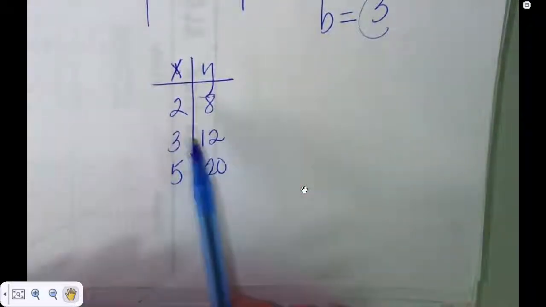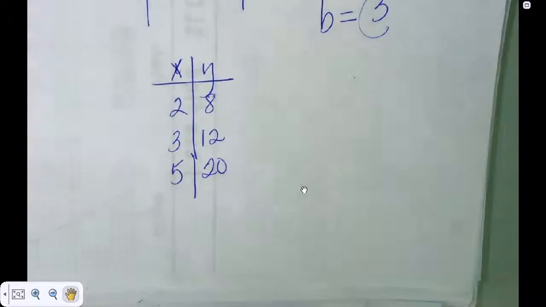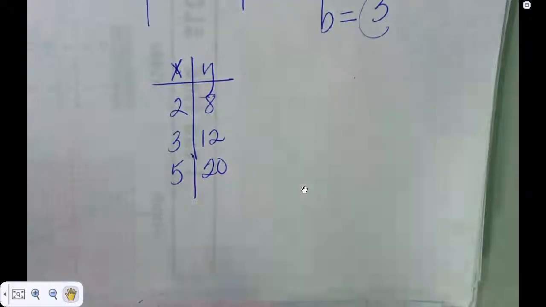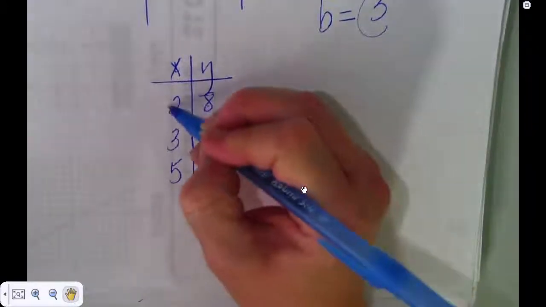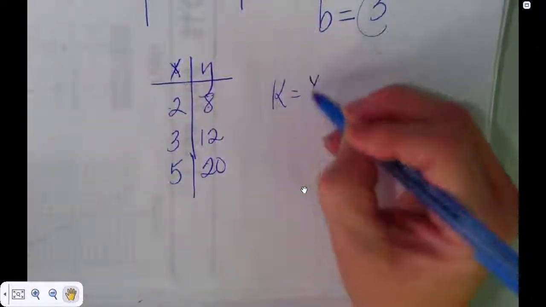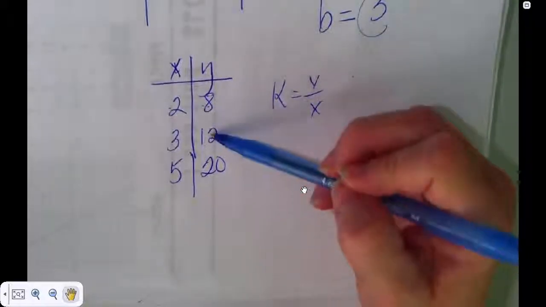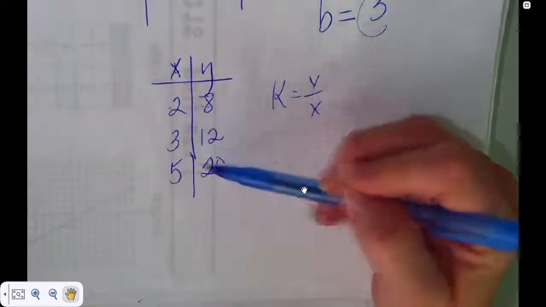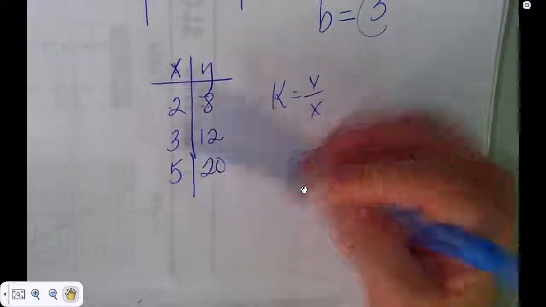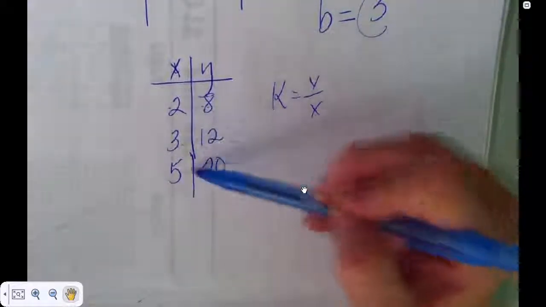Okay, would this table be proportional? Yes, it is. So, 8 divided by 2 is 4. 12 divided by 3 is 4. And 20 divided by 5 is 4. Now, I heard somebody say, yeah, because you just multiply all of them by 4.